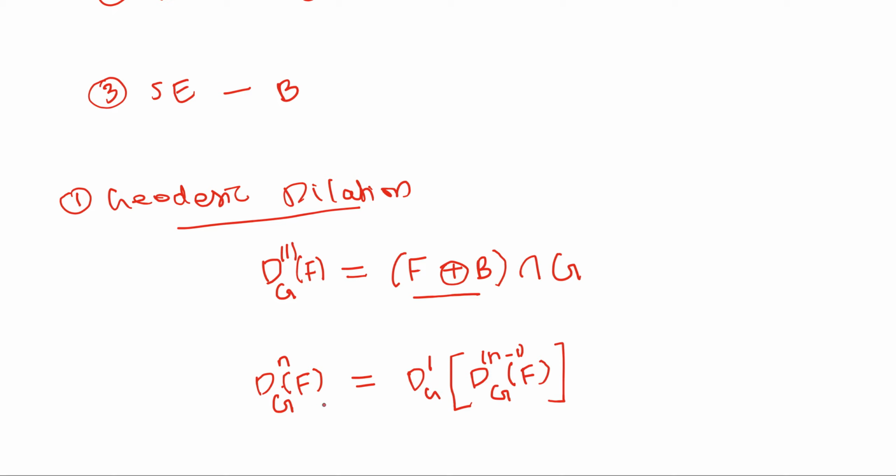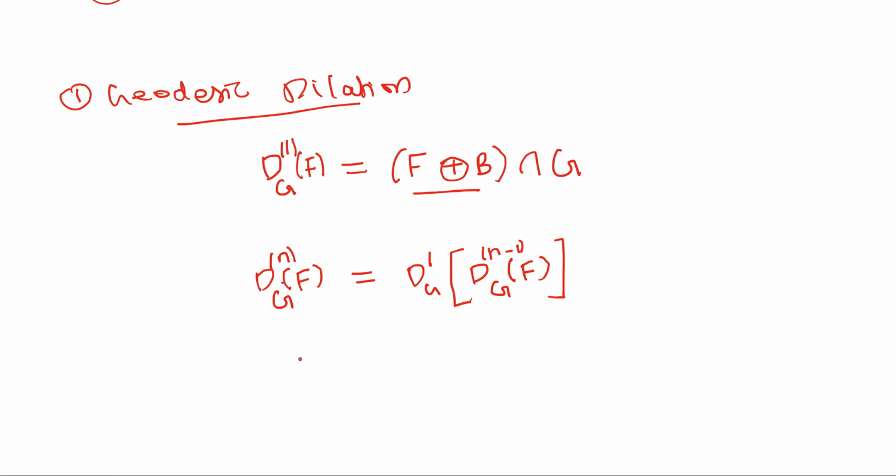So this is the recursive relation by which you can find any size of geodesic dilation. But if someone asks what is the geodesic dilation if you apply it for 0 times, or of size 0, then the answer is F. You can use these two relations to find the geodesic dilation of any size.